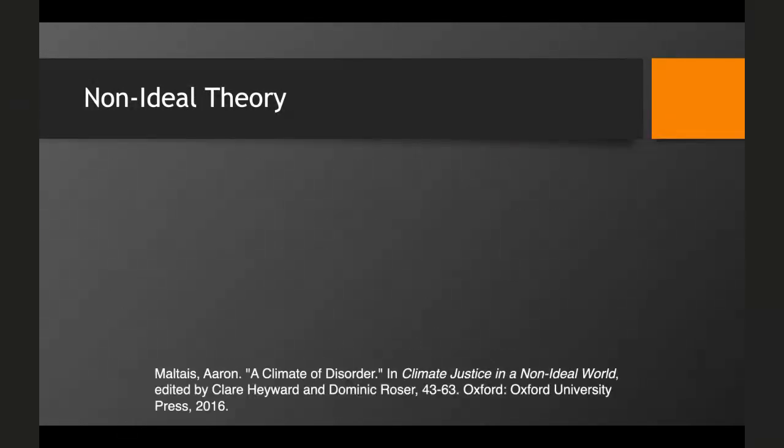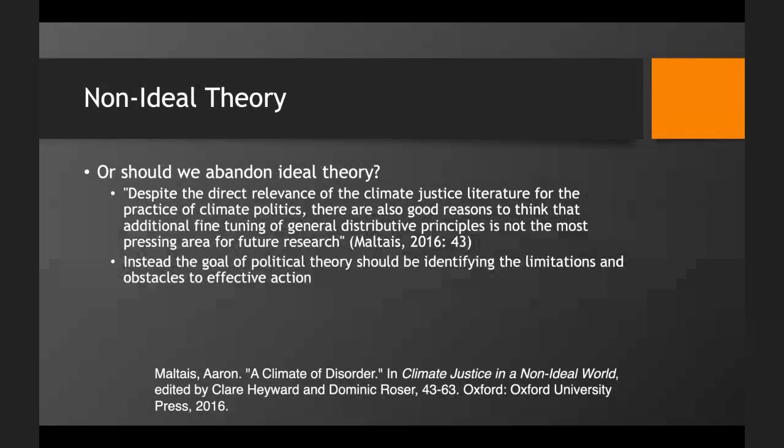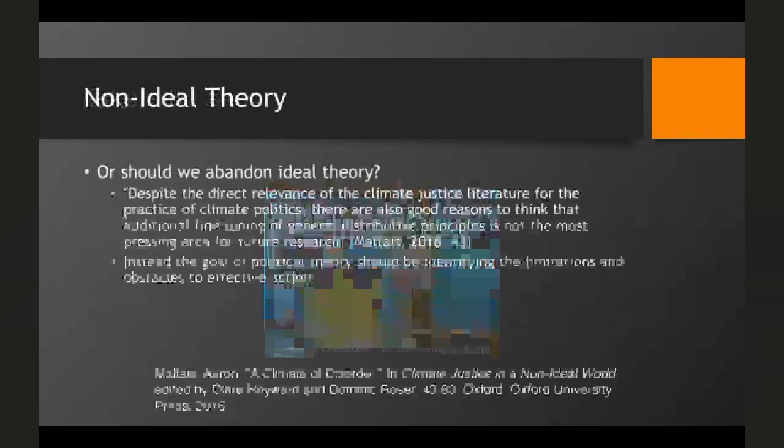Others, such as Aaron Maltais, argue that actually we should just abandon ideal theory altogether. That despite the direct relevance of climate justice literature for the practice of climate politics, there's good reason to think that additional fine-tuning of general distributive principles is not the most pressing area for future research. That the goal of political theory, rather than trying to fine-tune and get a perfect theory of justice, should actually be trying to figure out what are the limitations and obstacles to effective action.